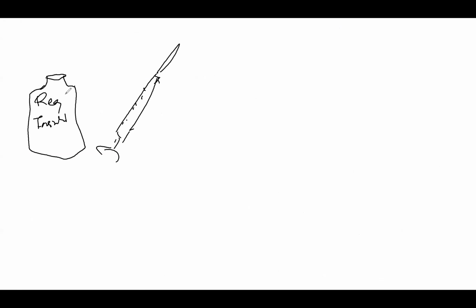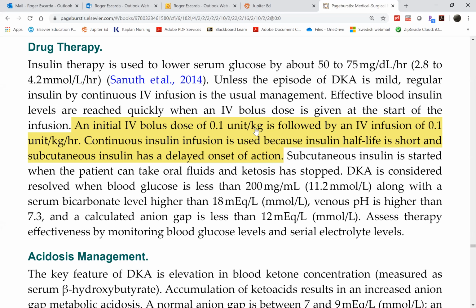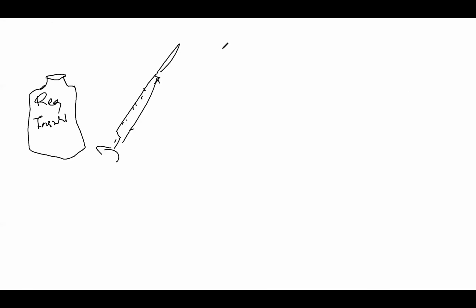If I weigh 70 kilograms and the order is to give, the standard is to give how much? 0.1 units per kilogram. So how much insulin are you giving me, who weighs 70 kilograms? 7 units. Okay. Now our goal is 7.